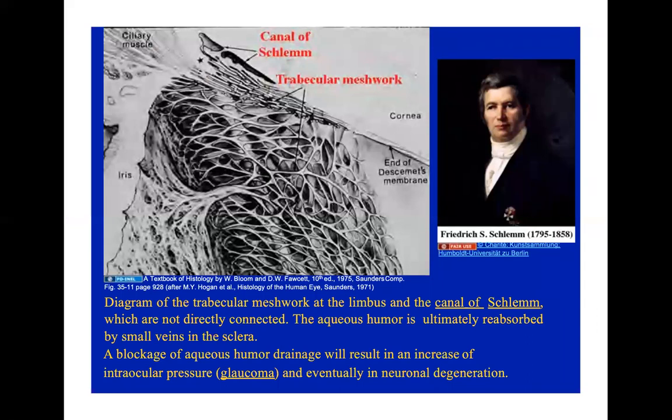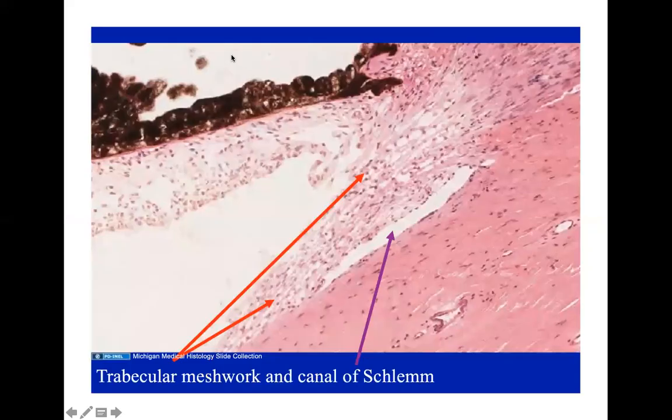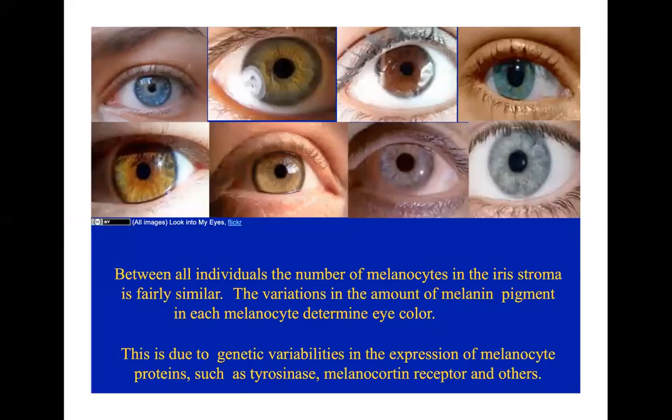Okay, so you have there your trabecular meshwork that eventually propels the aqueous humor towards your canal of Schlemm. Okay, the trabecular meshwork histological structure and your canal of Schlemm.